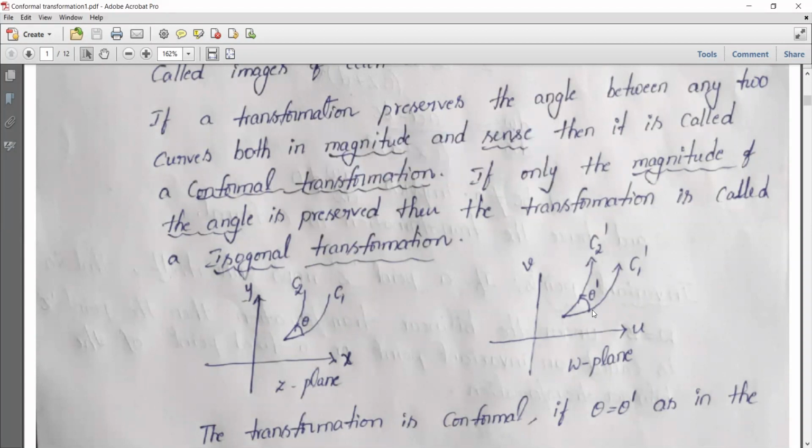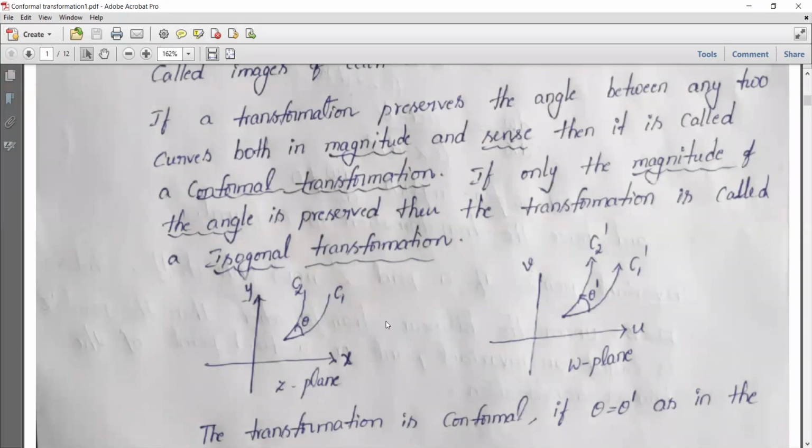In the transformed plane, in W, we also have one angle, that is theta dash. If the theta magnitude and theta dash magnitude are the same, and also the sense, it is rotating in the positive direction. In the transformed plane also, theta dash is rotating in the positive direction.